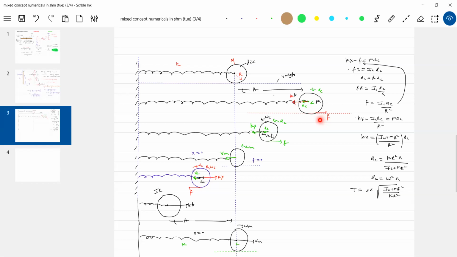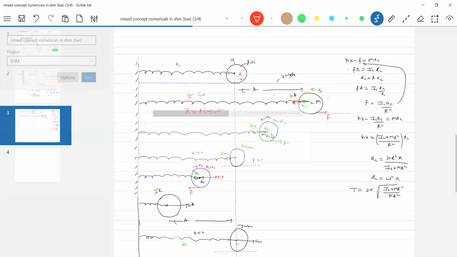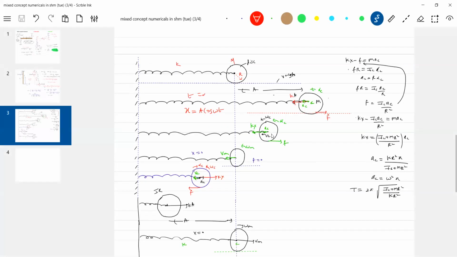Sir, how can you see? I think it's very simple, no? Look at acceleration. It is proportional to displacement. Suppose we define this condition as t equal to 0. Then the equation of SHM will be x equal to A cos omega t.